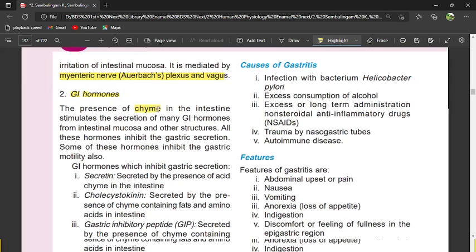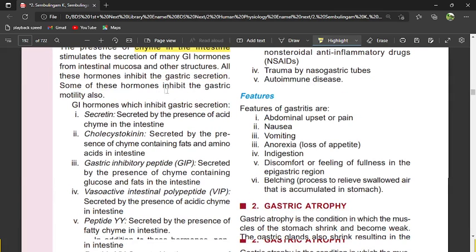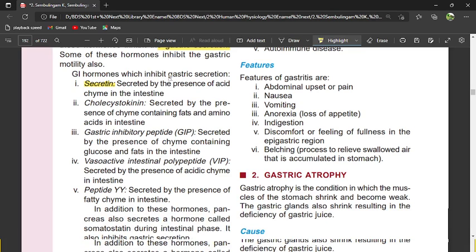The presence of chyme in the intestine causes the secretion of many GI hormones from the intestinal mucosa and other structures. All these hormones inhibit the gastric secretion. Some of these hormones also inhibit the gastric motility. Secretin is secreted in the presence of acid chyme in the intestine.